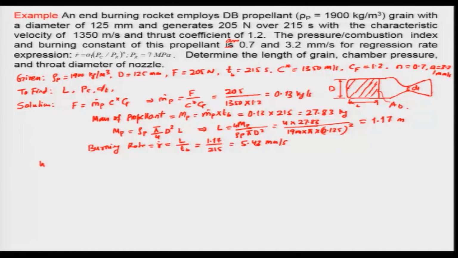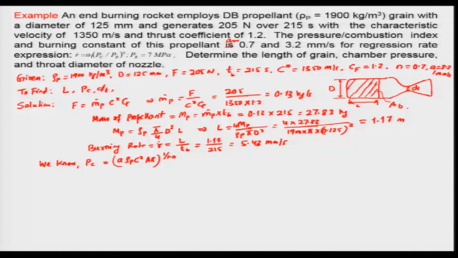Chamber pressure, we know the expression for chamber pressure by the analysis what we did just now. We know the chamber pressure Pc is expressed as A rho p C star A r power to the 1 divided by 1 minus n.